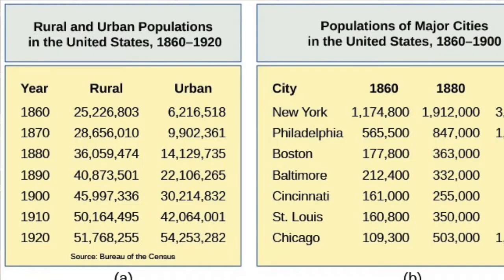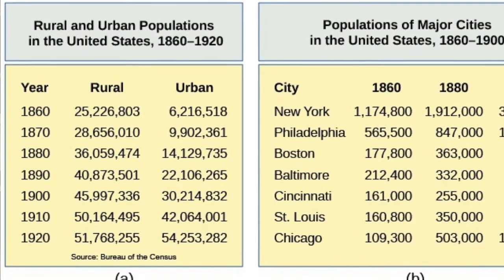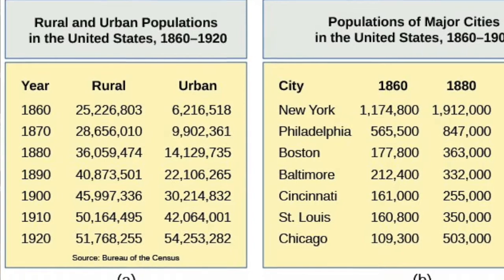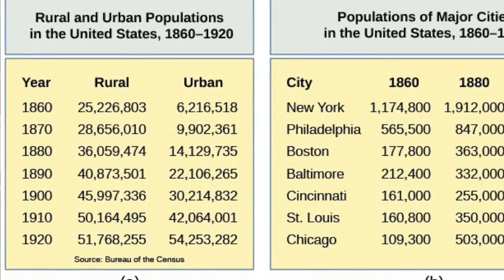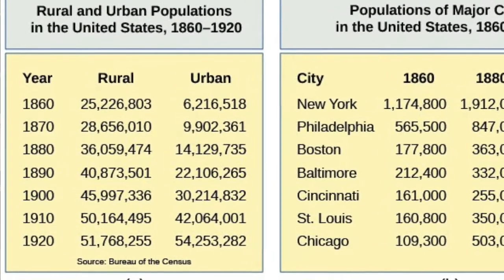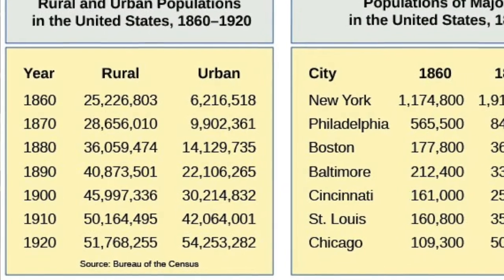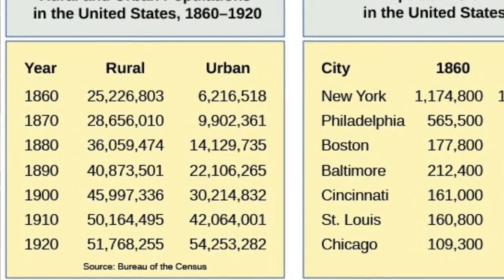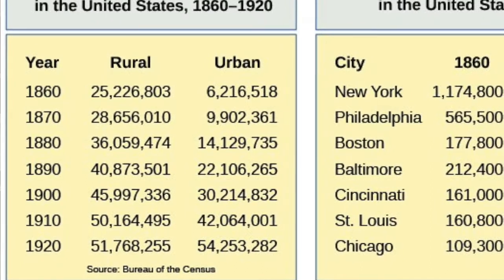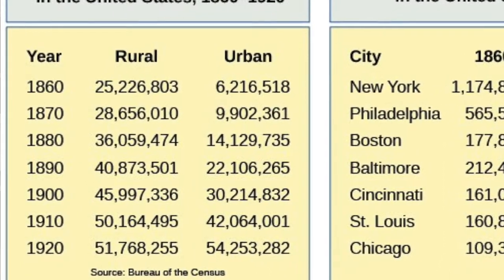The same story happened in the United States. As the US started to industrialize, more and more people started moving to American cities, and the American population started to shift. You can see in this chart that the United States was primarily rural. It was an agricultural nation for much of its history until the 19th century, when industrialization started to rapidly increase.